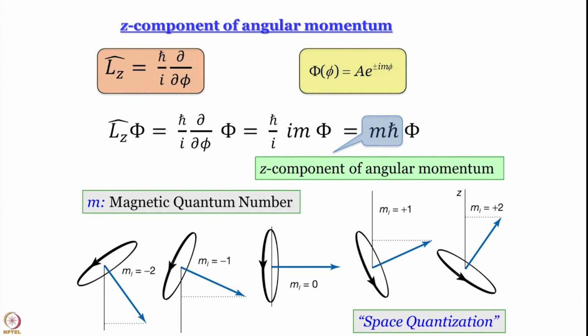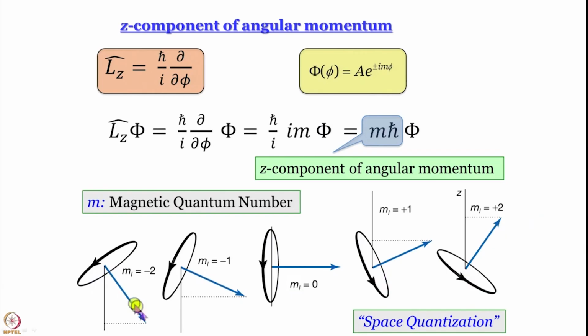So, please remember that now we should not draw these circular or elliptic orbits anymore, but we still have to retain the angular momentum vectors, and their allowed discrete orientations. So, the crux of the matter is that this m is a quantum number that determines the z component of angular momentum, and therefore, in other words, it determines the angle at which the angular momentum vector is oriented.